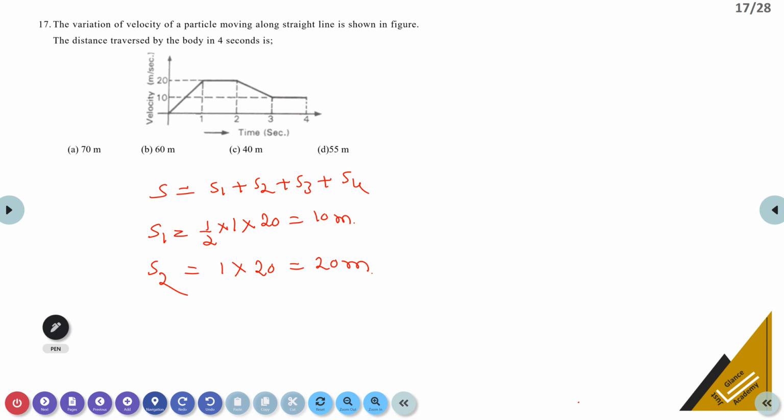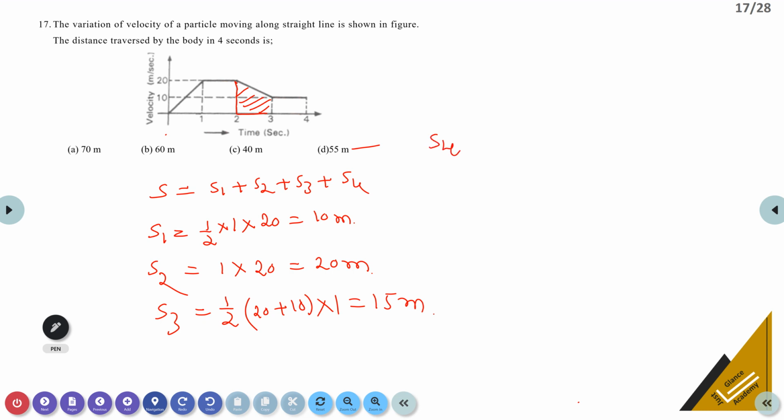Next, for this part, the area of the trapezium you have to apply. S3 equal to half into sum of the altitudes, 20 plus 10, into 1. Time is 1 second everywhere. So this becomes 30 by 2 equal to 15 meter.